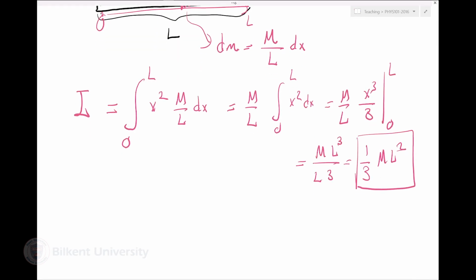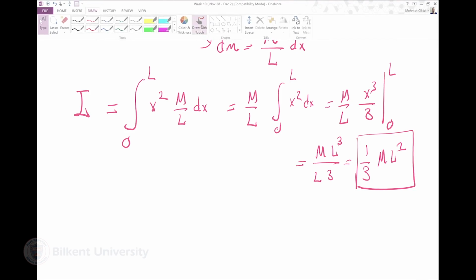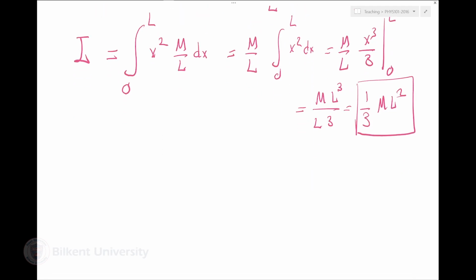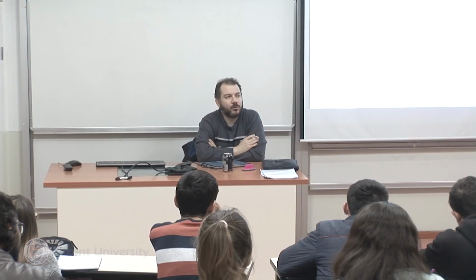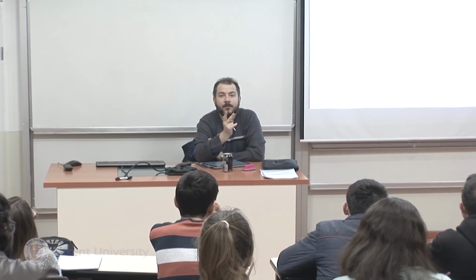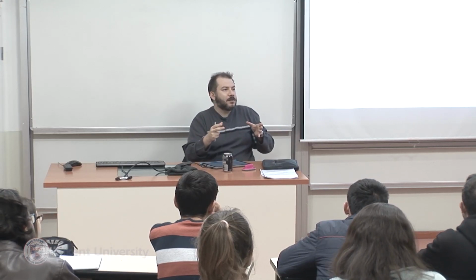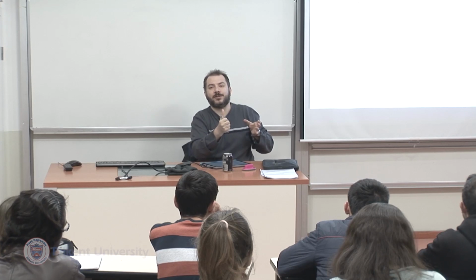Now, let me make one thing very clear. Moment of inertia depends on two things. One is the shape of the object. The second one is the axis of rotation.